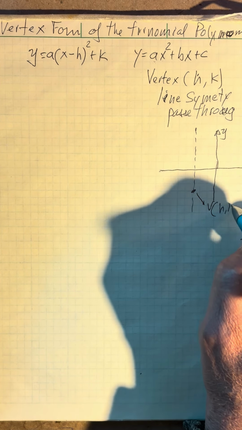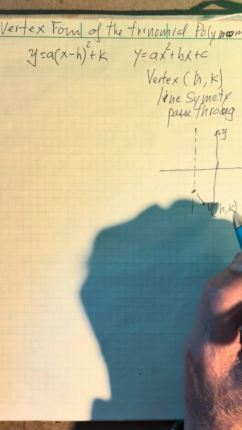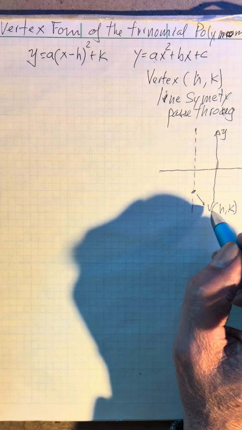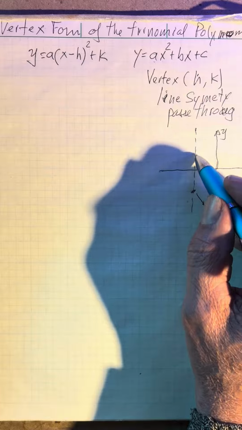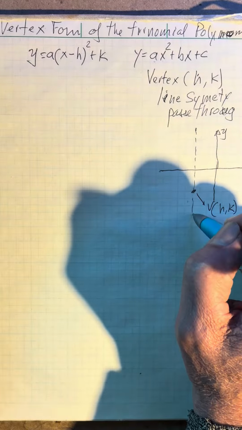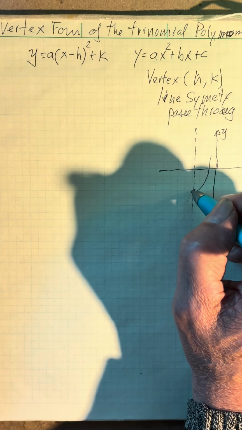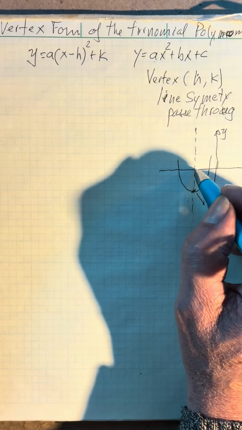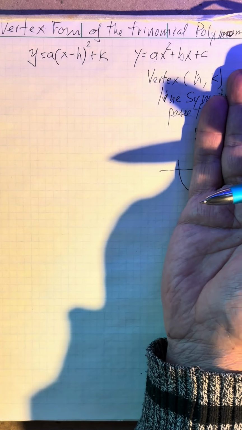So the line of symmetry passes through the vertex, and it's the point where the parabola is a mirror image of itself.